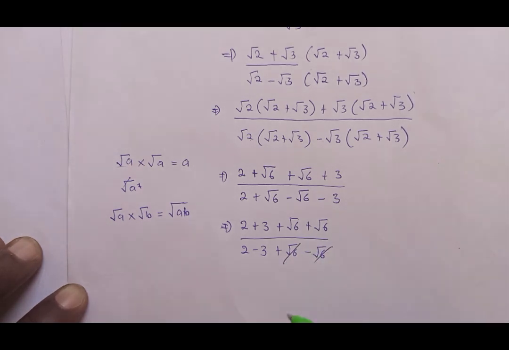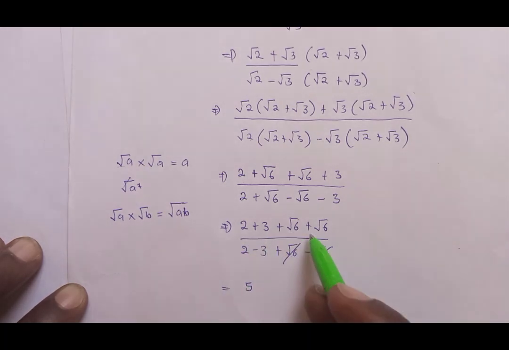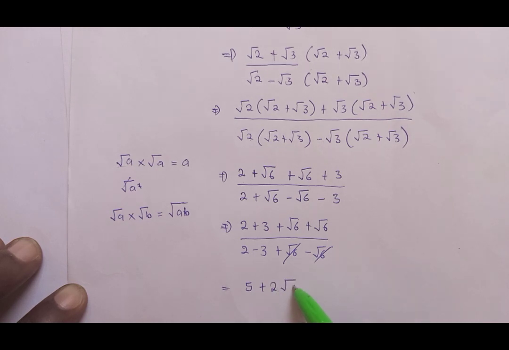So this and this will disappear because they have cancelled with each other, and then this and this is 5, then this is plus 2 square root of 6, and then it's going to be divided with this and this is negative 1.